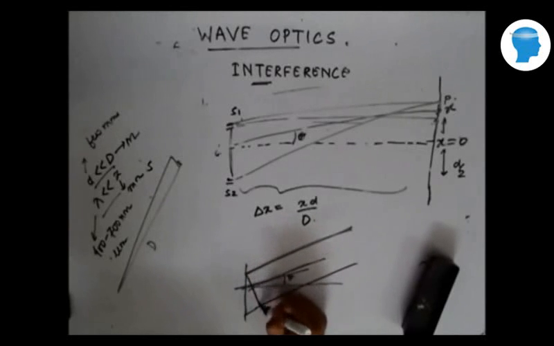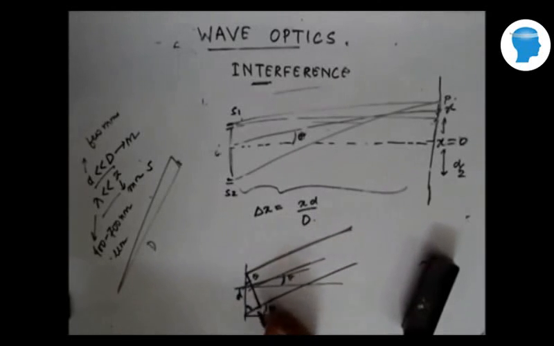So if they are parallel and this angle is theta, this angle is theta, that means this angle is also theta, right? Got it? The reason is that this angle is theta, so this angle is also theta. This angle is 90 minus theta, so this angle is also theta. And this distance is d.